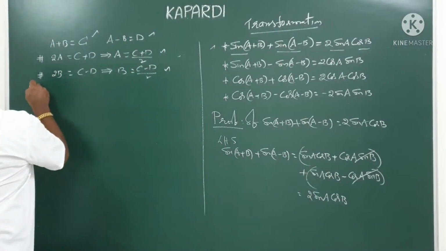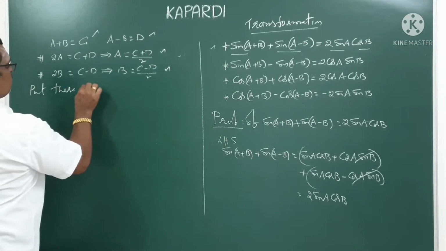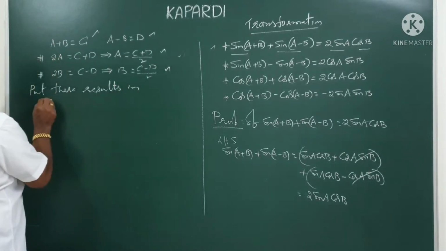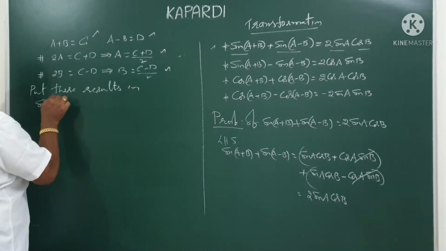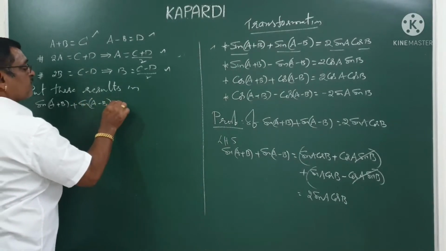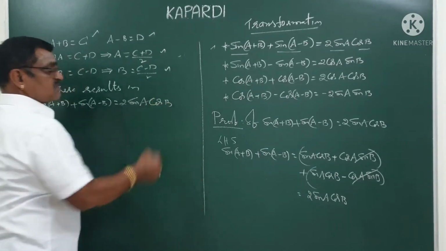So put these results in sin of a plus b plus sin of a minus b is equal to 2 sin a cos b.